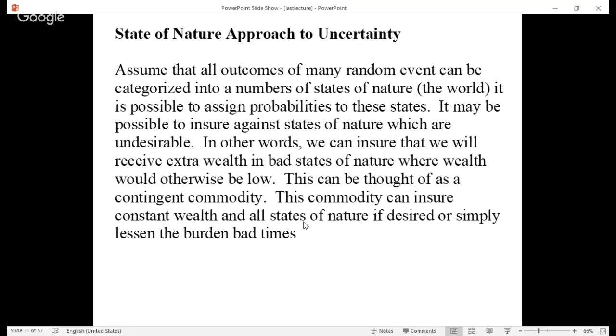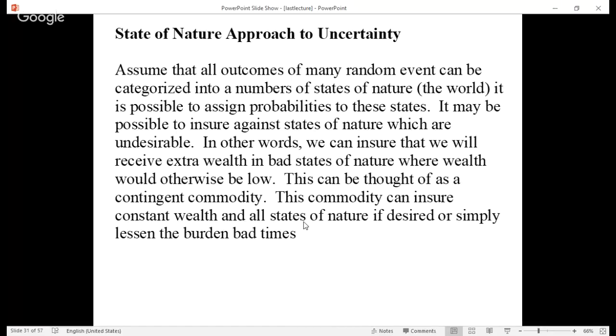It's possible for me to come up with a probability function that covers everything that might happen tomorrow in the stock market. I can do the same for the whole world, for every market. Then again, it becomes overly cumbersome for us, but theoretically, it's possible.